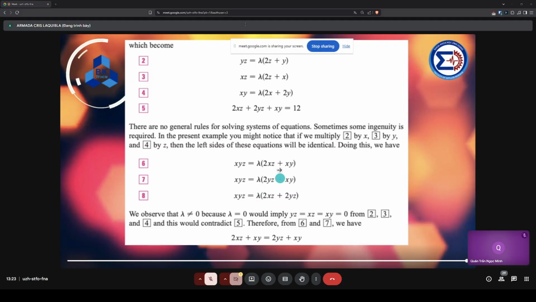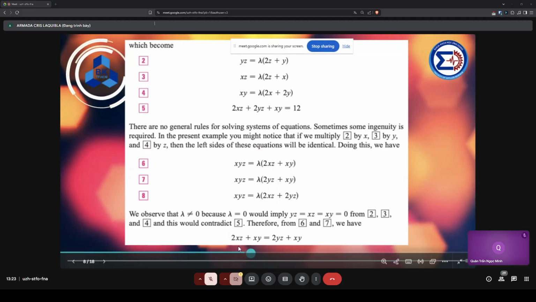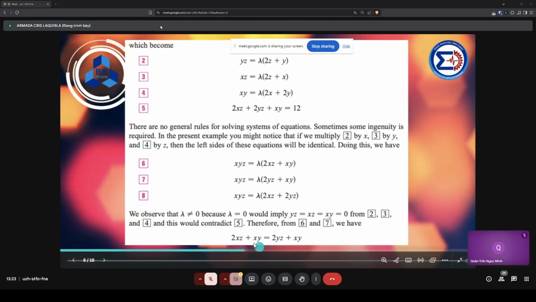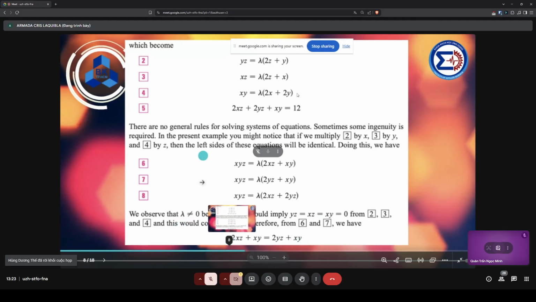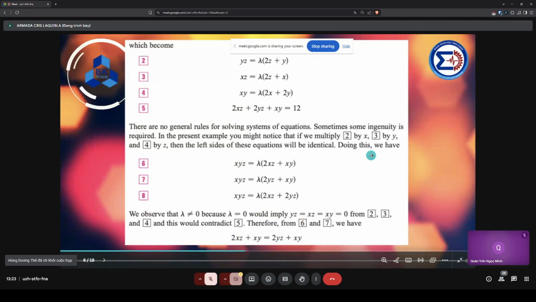Therefore, these two are equal. Class, as you can notice, this is xy and this is xy also. So the 2xz in the first term is also equal to the first term here, which is 2yz, because they just added xy there.